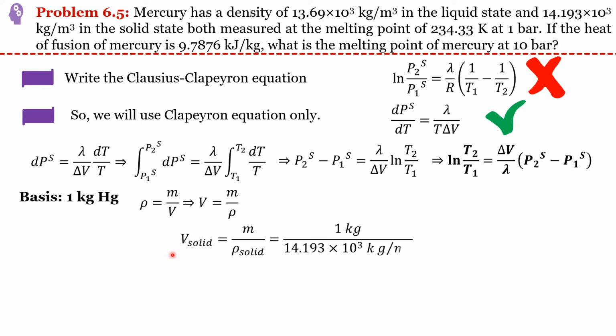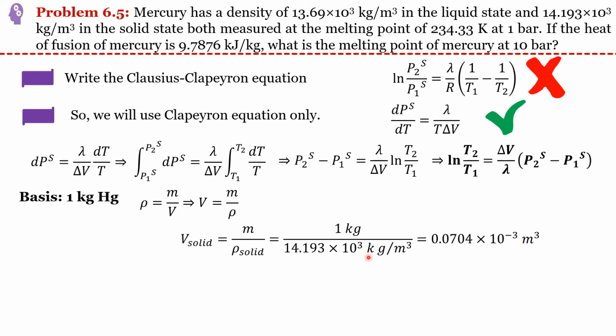In the problem, density of solid is given, so we can write volume of solid equal to mass of mercury divided by density of mercury. We have assumed mass as 1 kg and rho solid is given, so we will get this value.